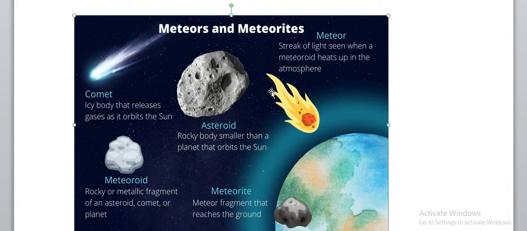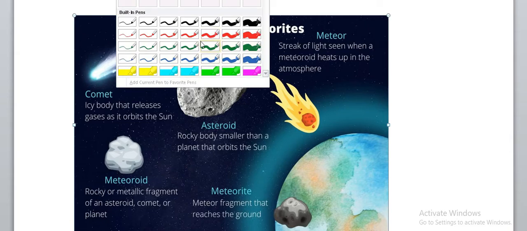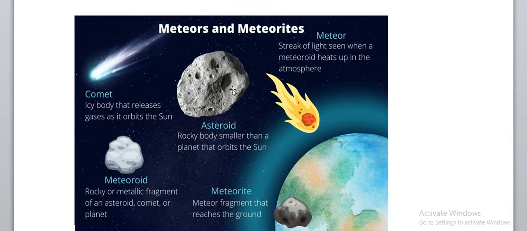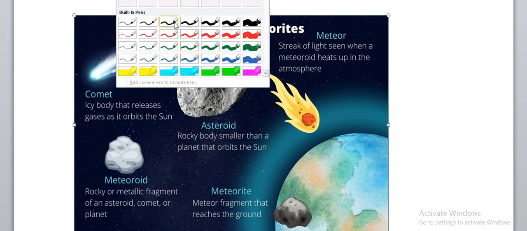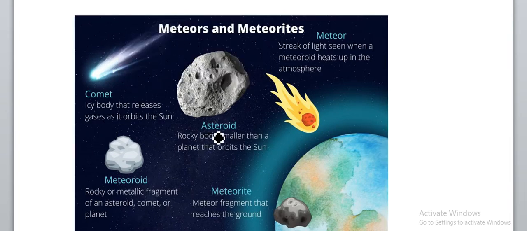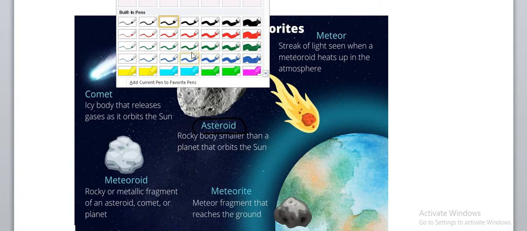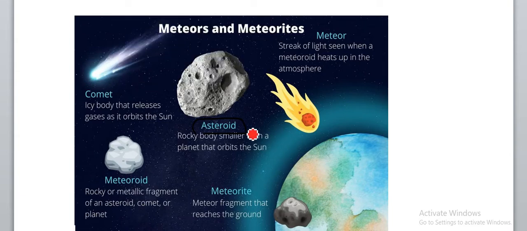So this image is showing the picture of, this is asteroid. Not, this color is not properly visible. I will take other color. So this is asteroid, this is meteoroid, and this one is comet.